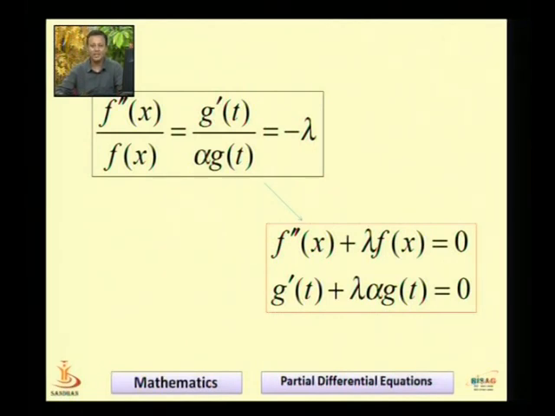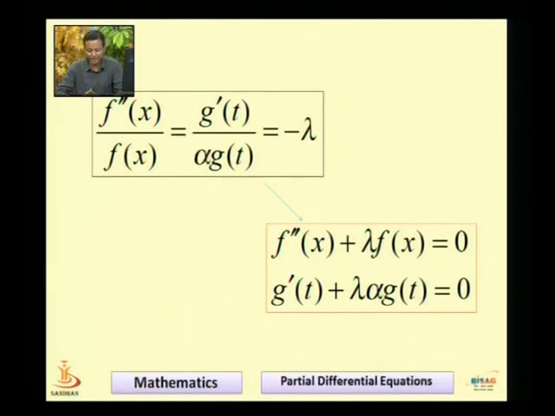First is f double dash x plus lambda into f x equal to 0, that is the second order derivative of f with respect to x, and since the function is of only one variable x, that is an ordinary derivative of second order. And g dash t plus lambda into alpha into g t equal to 0.